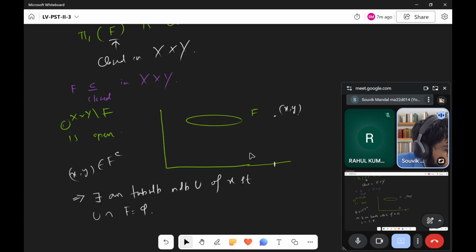By this I mean that here we have X cross Y, and here we have the point (x, y). Then we shall get a neighborhood like this, which contains the point (x, y) of course, and this neighborhood lies outside of F. Is this line clear? Yes or no? First tell me.